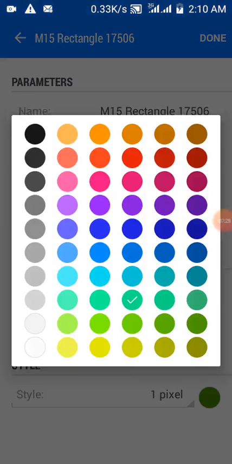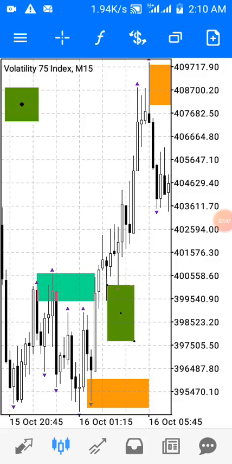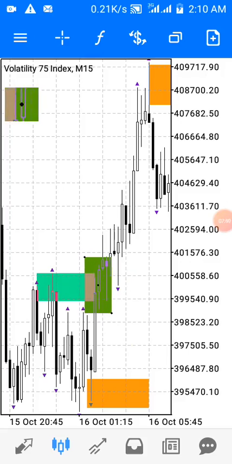You can see as price rose above the resistance, this is my resistance area. You can see two fractals around that point, and then price broke above it.